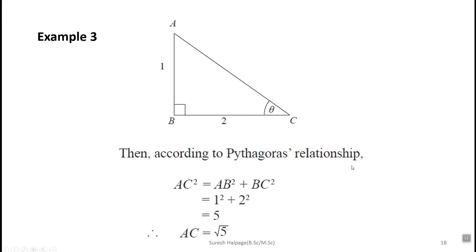According to the Pythagoras relationship, AC squared equal AB squared plus BC squared.